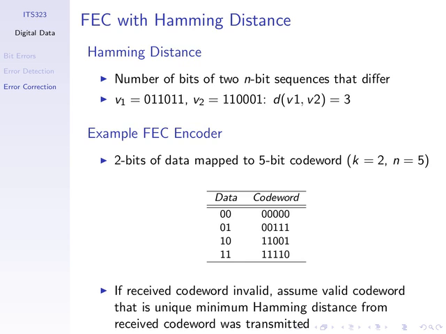The transmitter has data to send, and it encodes that data into a code word. In our example, we have 2 bits of data and a 5-bit code word. The encoding is simple, just look up the mapping.